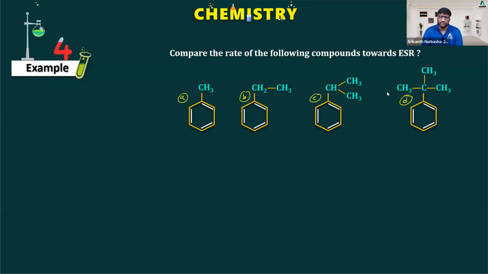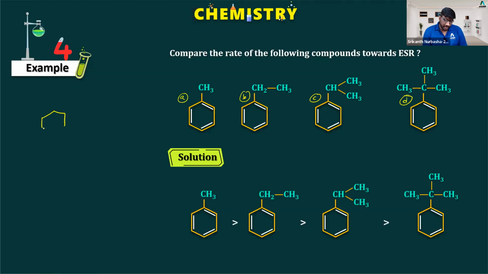Give the order, right or wrong. Okay, Suman says A, B, C, D. Suman, but in D we have three methyl groups, right? Sir, plus H, alpha hydrogen. Yes, plus H effect. We have to consider the alpha hydrogens.